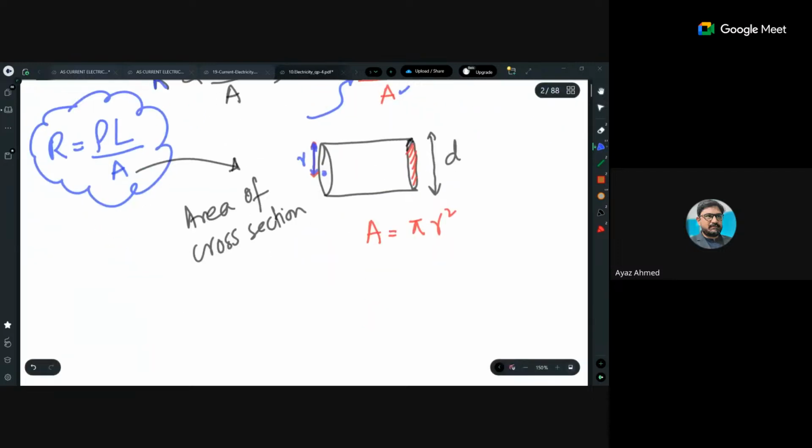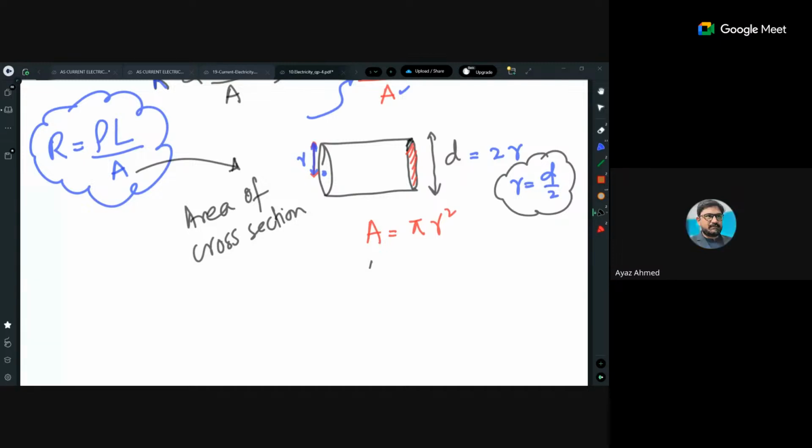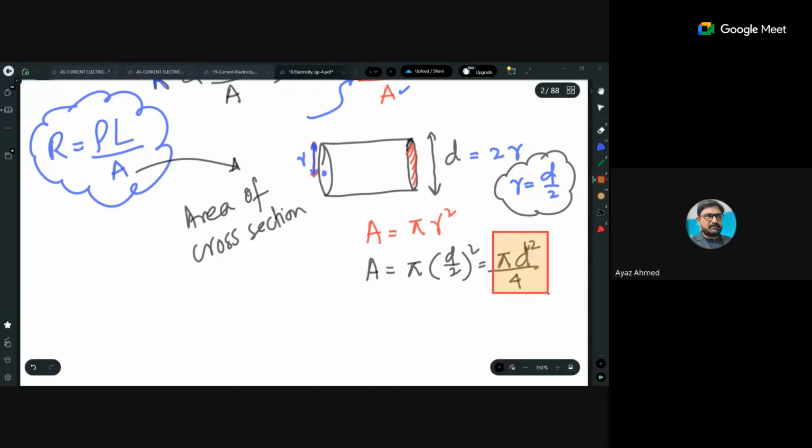What about the relation between radius and diameter? Can I say that the diameter is 2 times the radius, or that the radius is half of the diameter? Is it believable or not? Yes. Okay. So I can make a substitution here: r is equal to d by 2 whole square. So pi d square divided by 4 is basically the formula for your area of cross section. Please keep this point in your mind.